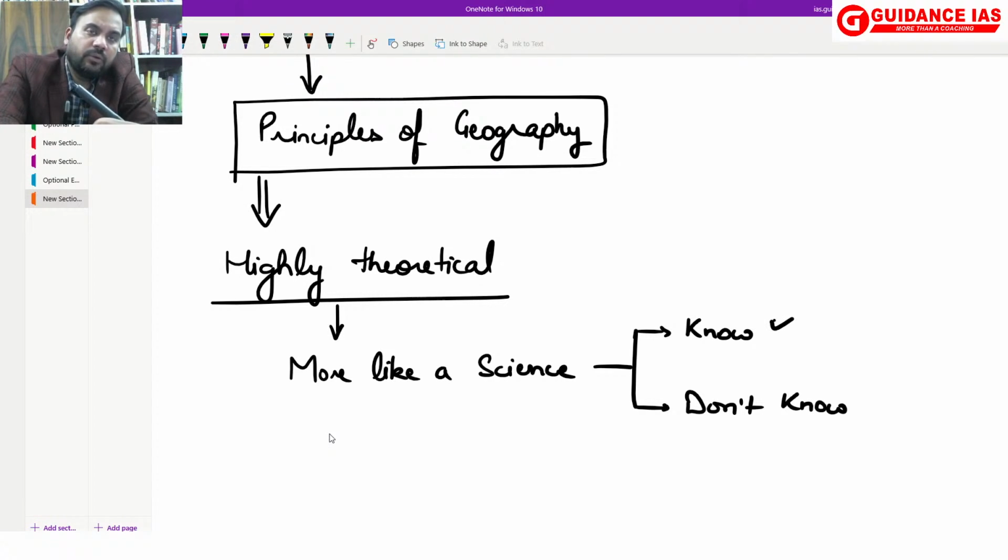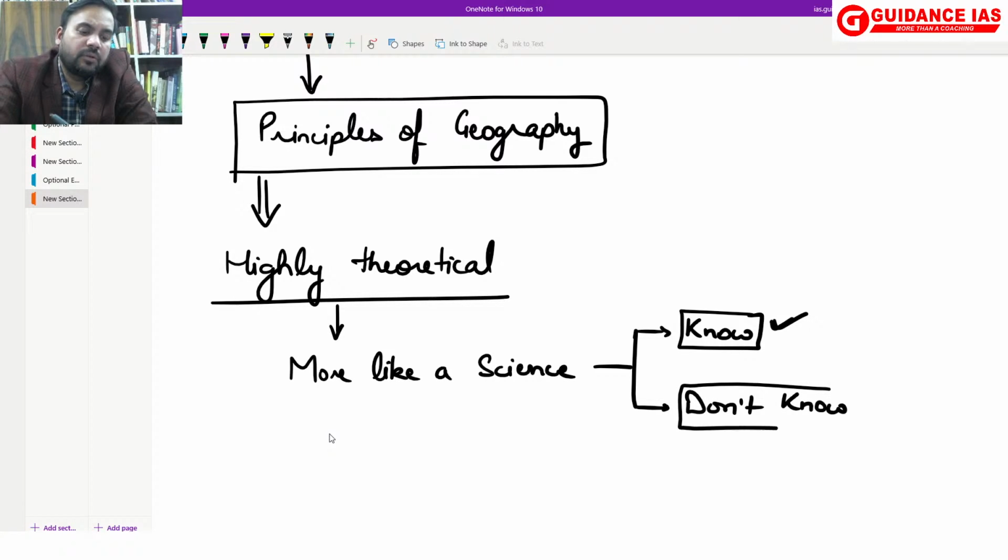Obviously, when you know, you will get the marks, you will be able to write it and you will be getting the marks. If you don't know, essentially it means that you will not get the marks no matter how many stories you basically write there. It doesn't matter.